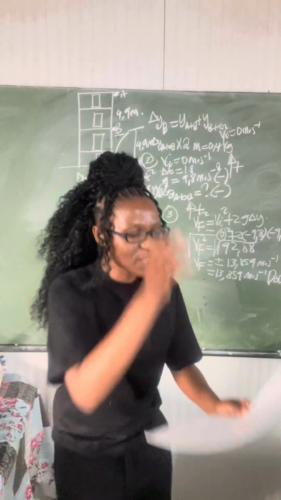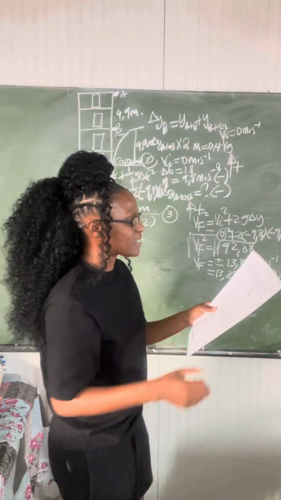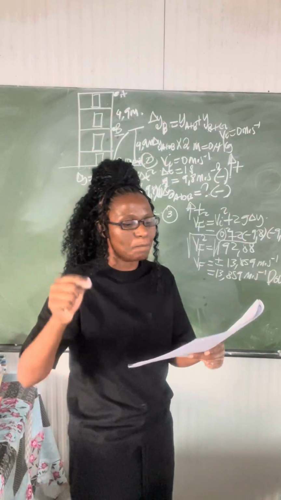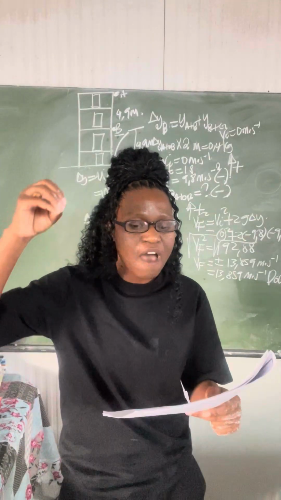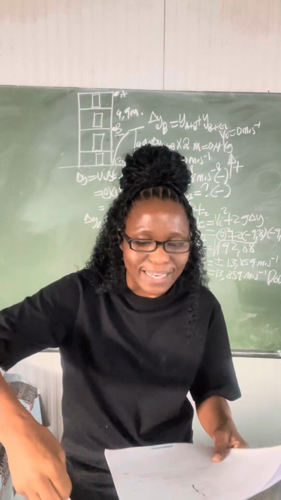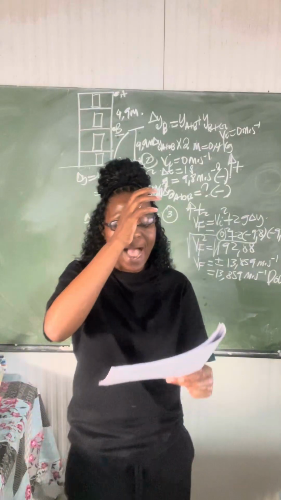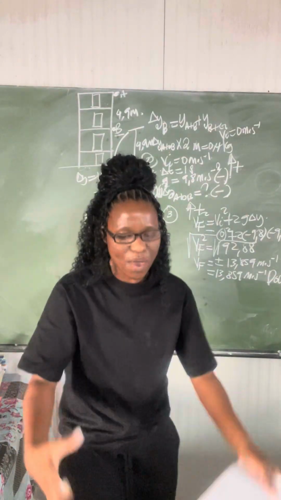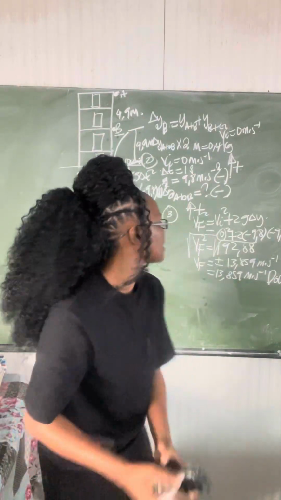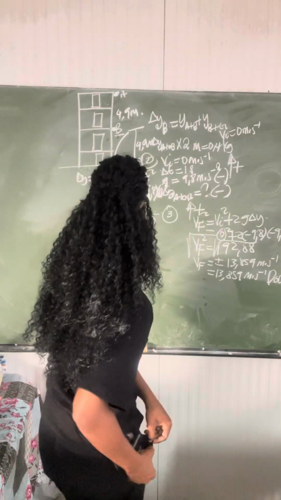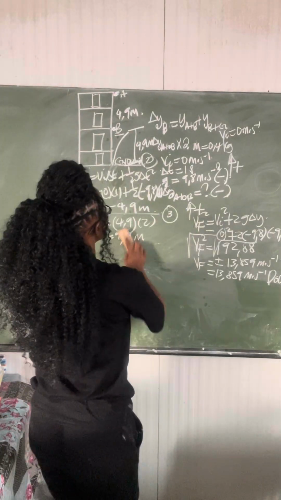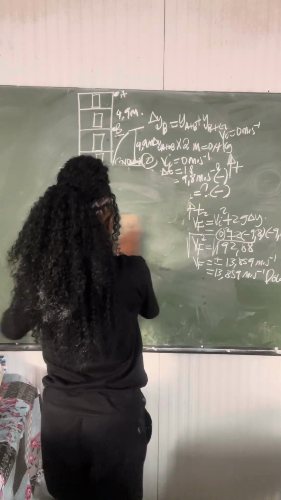Then the next question, which is question number 4, they're saying we must calculate the magnitude of the average net force exerted on the ball while it is in contact with the ground. In attempting this question, I want us basically to draw a small scenario or diagram here.